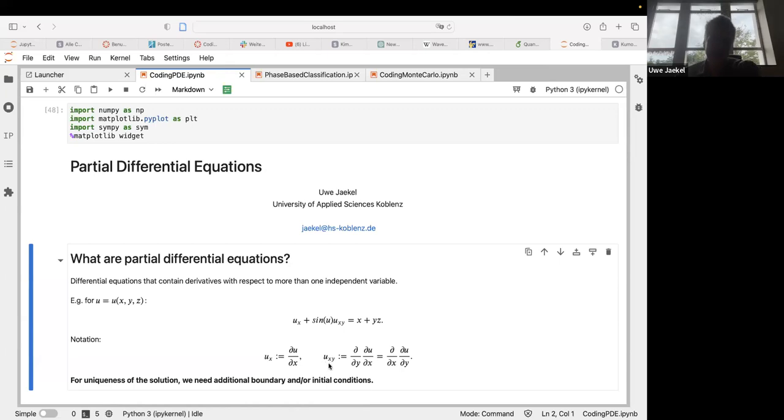And my convention is the closer the index is to the function, the earlier you take the derivative. So this would mean in my notation that you first take the derivative with respect to x, and then you take the derivative with respect to y of the result.